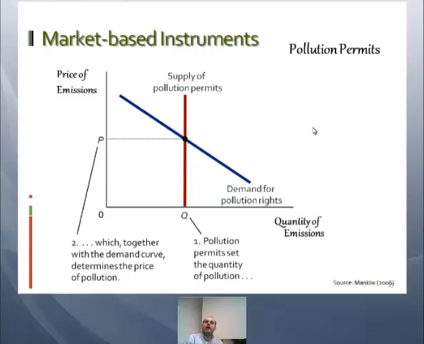So in total, I want the quantity of emissions to be, let's say, 1 billion tons. You set this. And this, together with the demand curve, determines the price of pollution. P is the price of pollution. This is how much the shipping company will pay per ton of CO2.